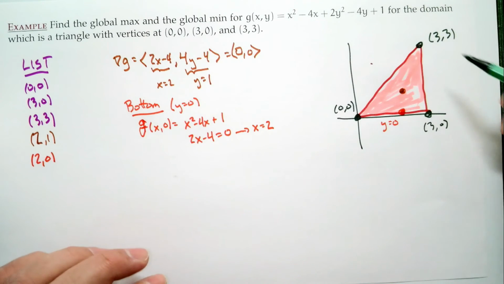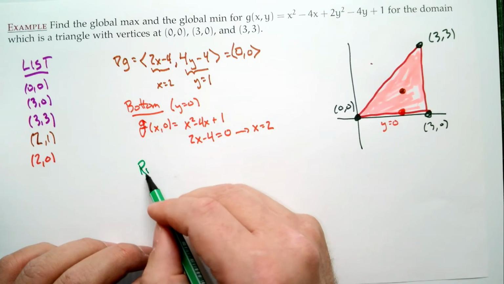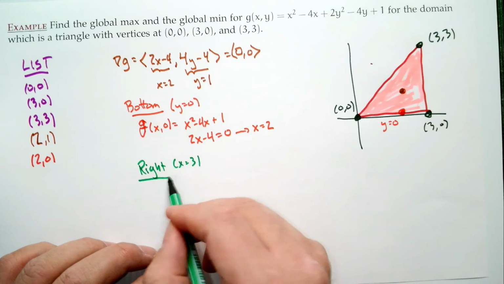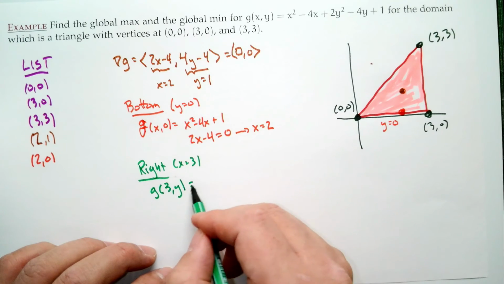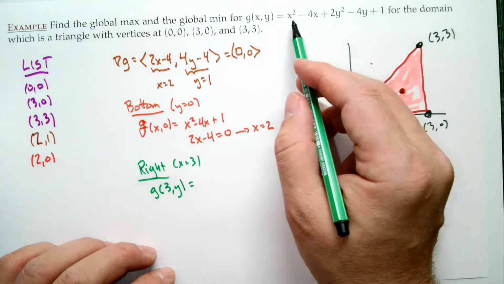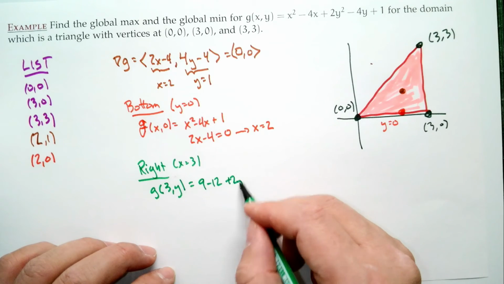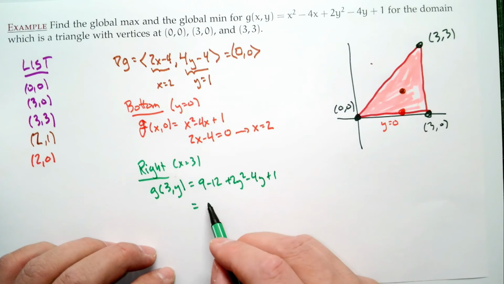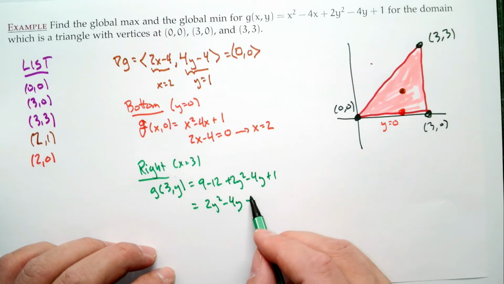The right? Okay, on the right side, what's true? X equals 3. So our function becomes g of (3, y). So we're going to get 9 minus 12 plus 2y squared minus 4y plus 1, which we can rewrite as 2y squared minus 4y minus 2.